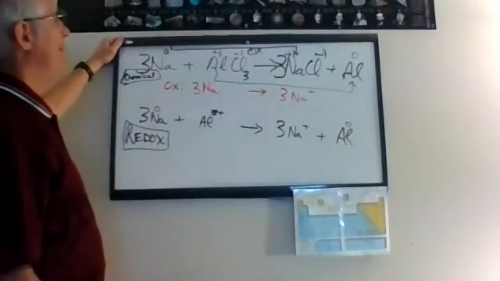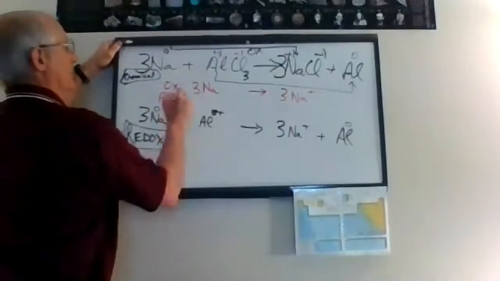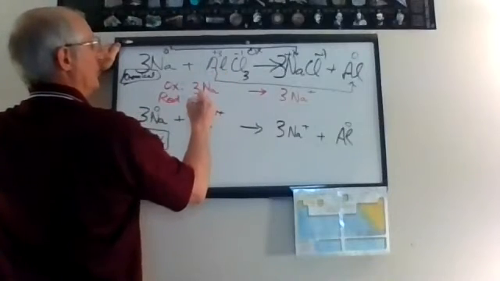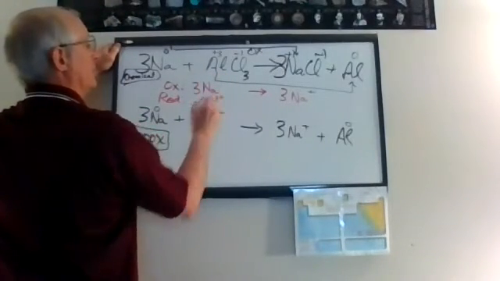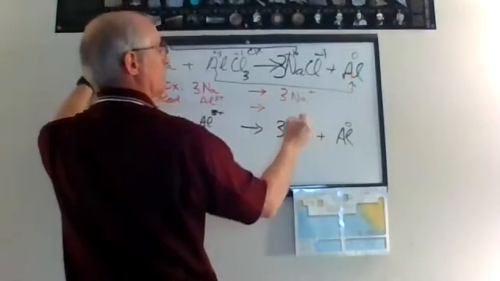Okay? And then the reduction, they're saying that an aluminum ion at 3 plus is becoming elemental aluminum.